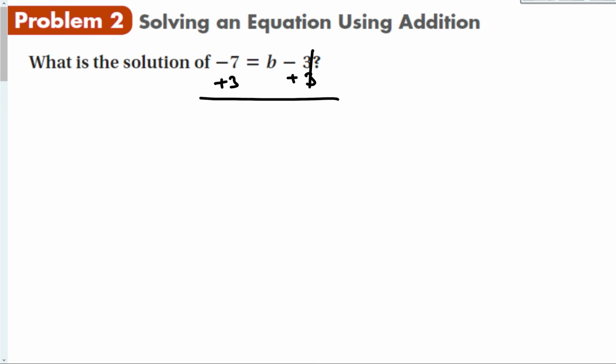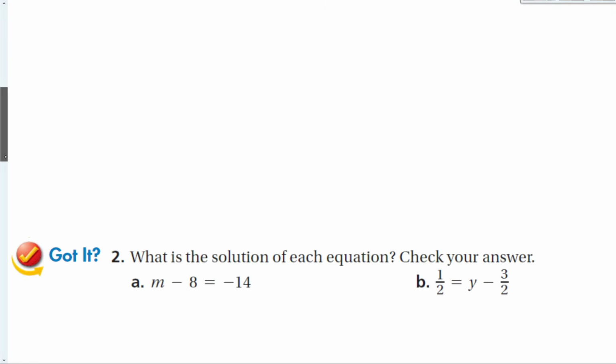Okay? Those two cancel, which is why we did it to get b by itself. And then negative 7 plus 3 gives me negative 4. Even though b is on the right side, this is still simplified, and my answer is negative 4. Okay? Let's try some guided problems.